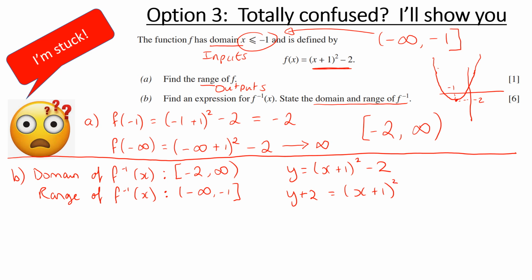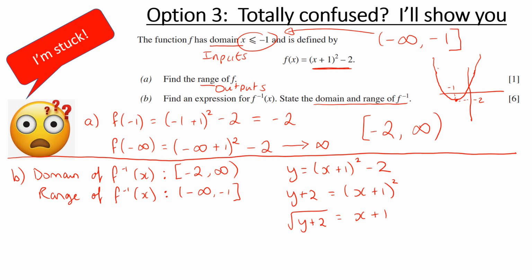Now the next thing I would do is square root both sides, because that's going to get rid of the squared. My aim here is to get the x on its own, make x the subject of the formula. So I've square rooted both sides, but I need to think carefully now about whether it's the positive square root or the negative square root.